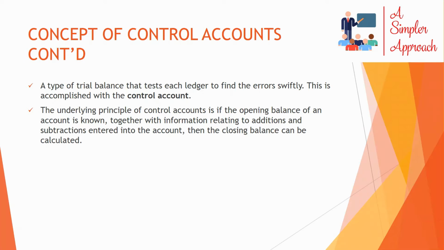Now, if you do the calculation, and for argument's sake, the closing balance should be $2,000, and you get $2,000, it means that the ledger is fine. However, if you know the balance should be $2,000, and having done the control account, the balance you calculate is not $2,000, it therefore means that there is an issue within that ledger.